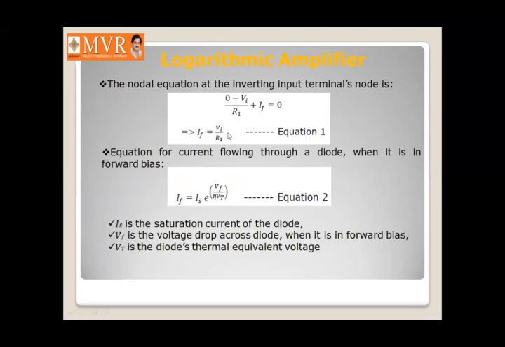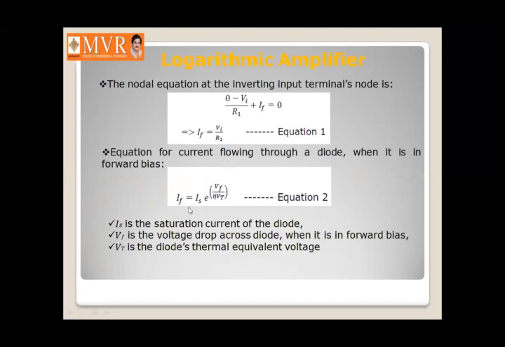Now we are going to write the equation for the current flowing through the diode. As the diode is forward biased, it has a forward resistance, and we write the current flowing through the diode.